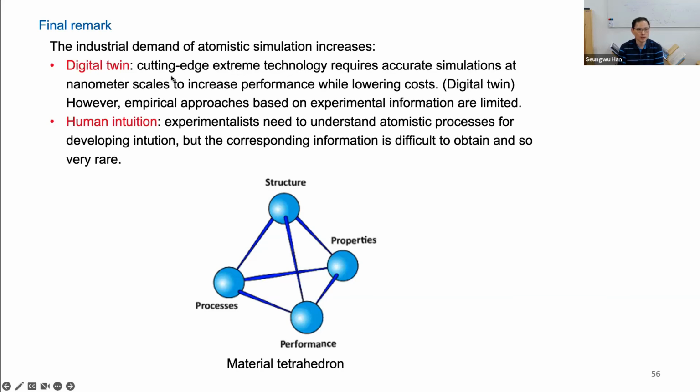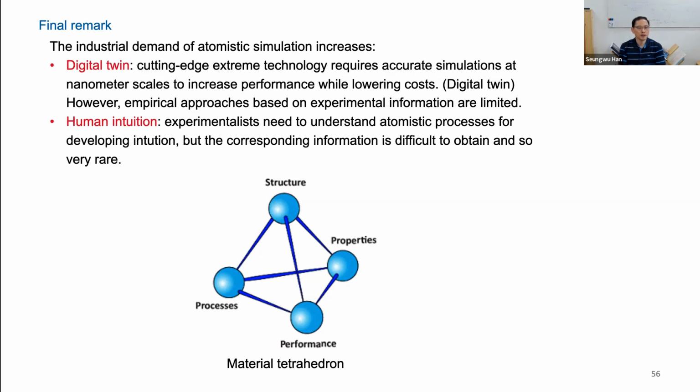The first is that cutting-edge technology, like highly scaled semiconductors, requires quite accurate simulation at the nanometer scale to increase performance while lowering cost. This is called the digital twin: without the experiment, you can do the same thing with computation. The problem is that the empirical approach based on experimental information is limited. Continuum simulations are quite popular in industry, but there are many parameters that you do not know at such a nanoscale. In that case, atomistic simulation is very powerful.